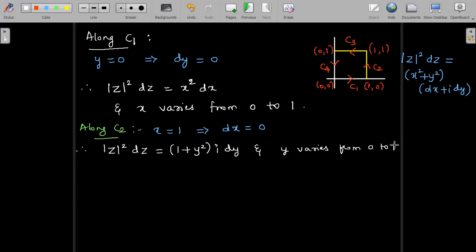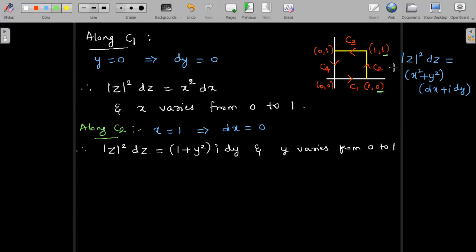So y varies from 0 to 1. Let me explain that once again here. See, observe the figure here along C2, means we are talking about this line C2. So in this line we observe that x is equal to 1 is a constant and y varies from 0 to 1. Let me mark it here. y varies from 0 to 1. Each of these coordinates is of the form x comma y.